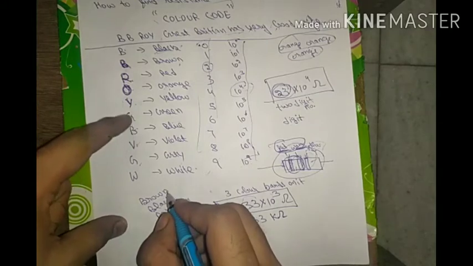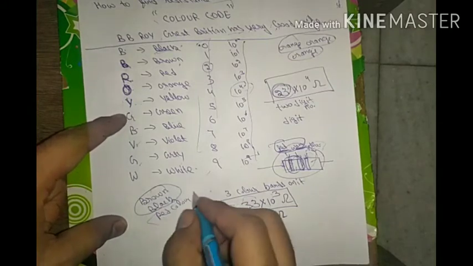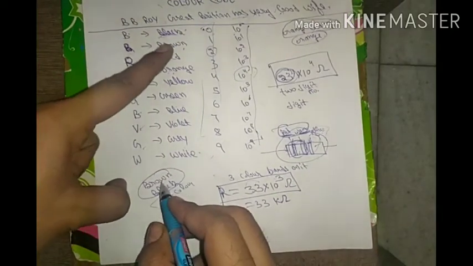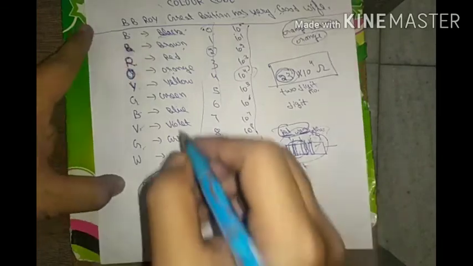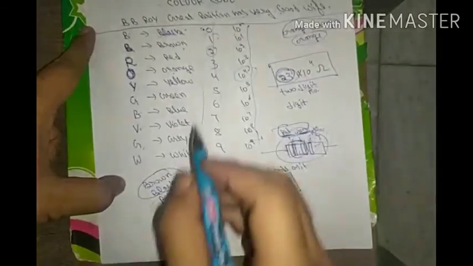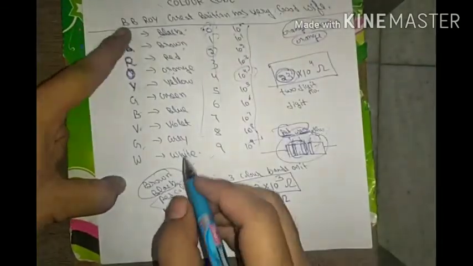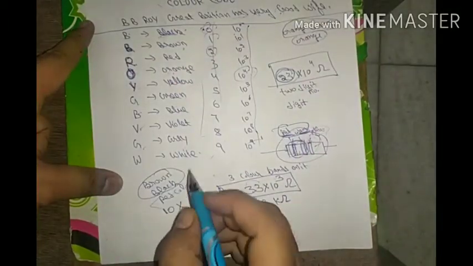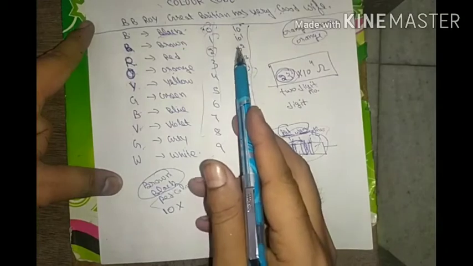The first two colors make the digit, and the third color makes the power of 10. As the first color is brown, the digit is 1. The second color is black, so the digit is 0. And the third color is red, so it is 10 to power 2.